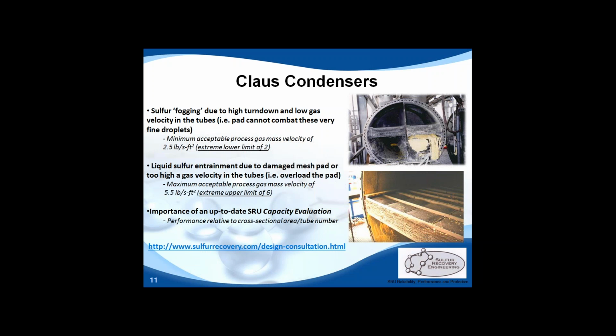But to best promote 100% sulfur recovery in our condensers, it is important that the velocity of our process gas through our condenser is aligned with best practices. There is a minimum acceptable process gas mass velocity of 2.5 pounds per second per foot squared, with an extreme lower limit of 2.